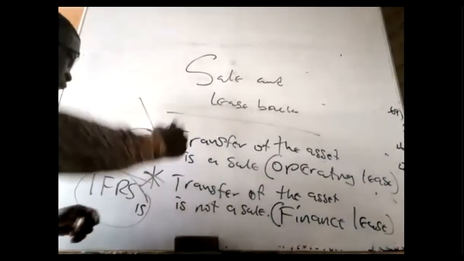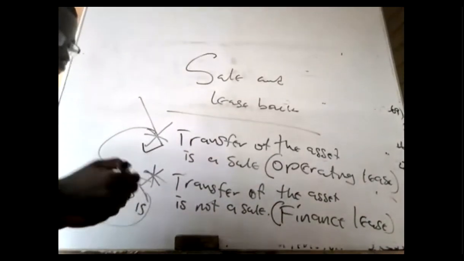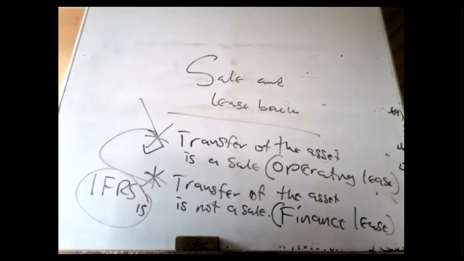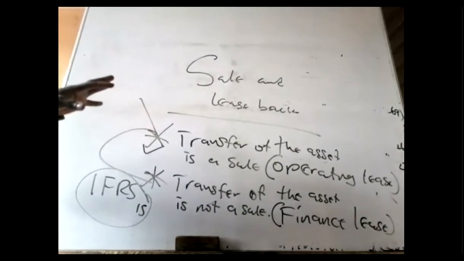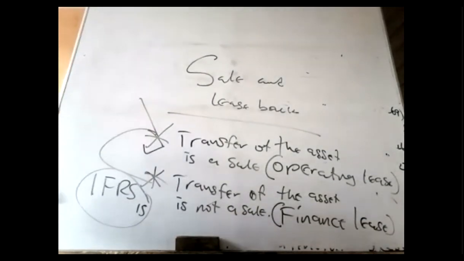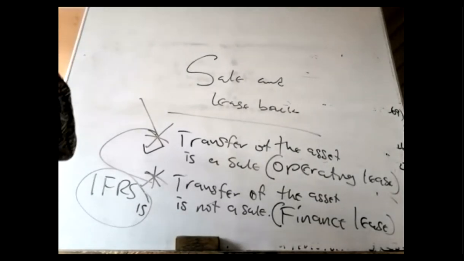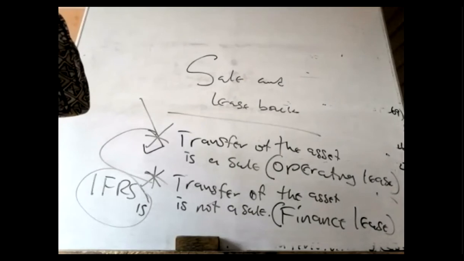Let's pick the case where the transfer is a sale and look at how best we can treat that one. But kindly watch out for a detailed video on the treatment stipulated by IFRS 16. I think we do have 4 steps if the transfer is a sale.